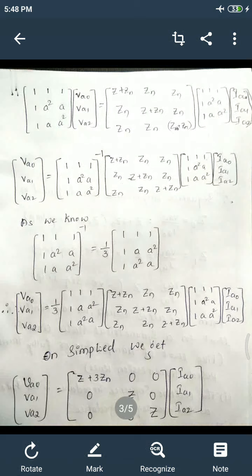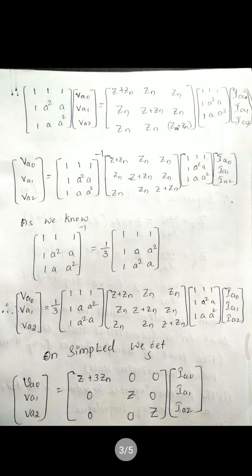If you multiply all three matrices, you get Z plus 3Zn, 0, 0 in the first row, 0, Z, 0 in the second row, and 0, 0, Z in the third row. How to get this I have already solved, and I am going to upload it as a PDF along with this video. So when you solve this, you get the zero sequence voltage, positive sequence voltage, and negative sequence voltage equal to this matrix into IA0, IA1, IA2.